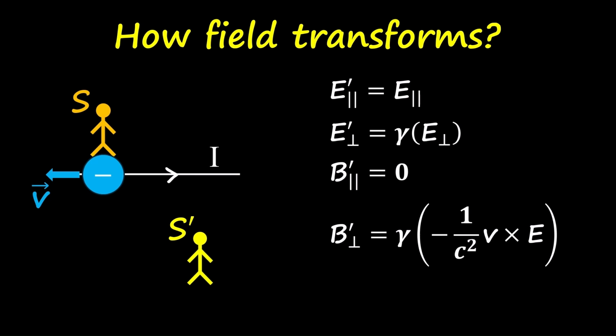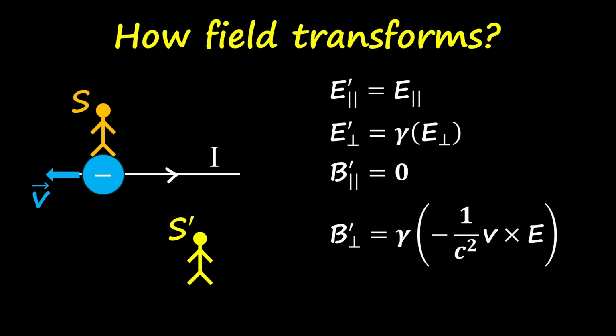So the difference in observations between S and S prime frames of reference is because of the relative motion between S and S prime and the relativity which is coming into the picture because the interaction is happening at the speed of light with a delay.